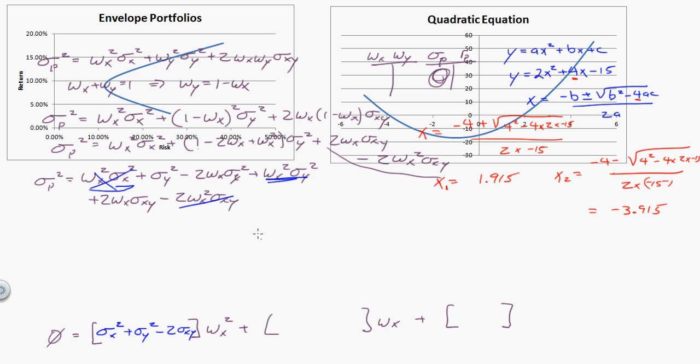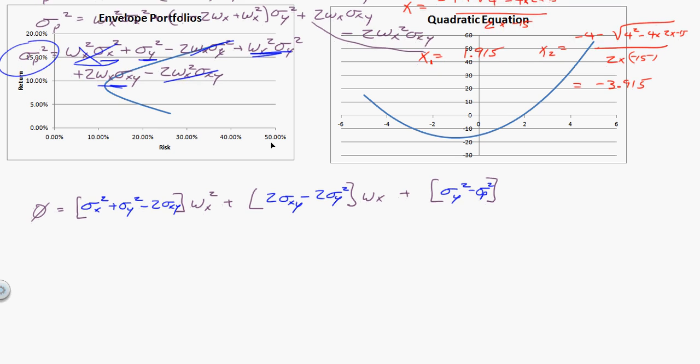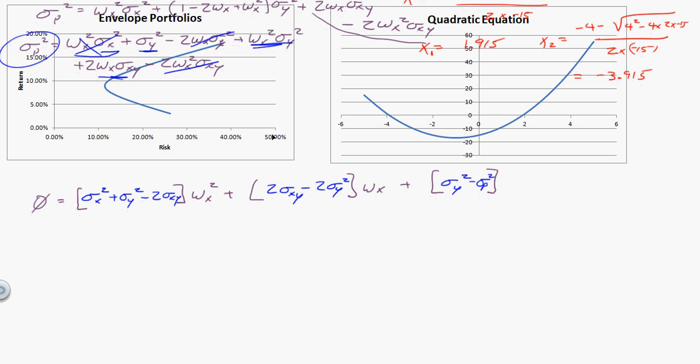And then the wx terms, there's one right there, that's 2 sigma xy. And there's another one that's minus 2 sigma y squared. And this term doesn't have a wx with it, so that's sigma y squared. And then I need to drag this one across. That's minus sigma p squared. Alright, now let me drag that up. That's pretty much out of the way.